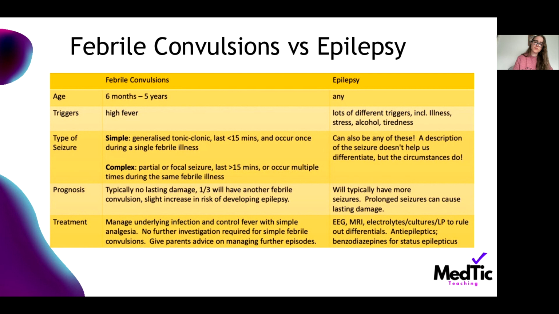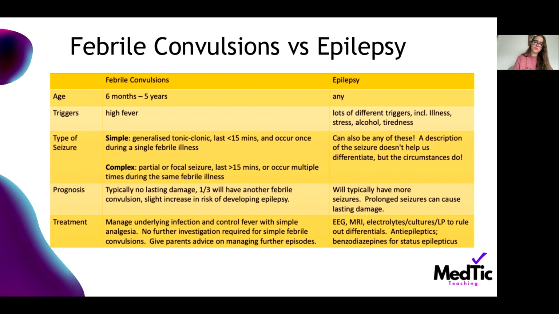And there are lots of different triggers: illness, stress, alcohol, tiredness, etc. So if we do think it's epilepsy, because they haven't got a fever or it's happened lots of times, we need to investigate with EEG, MRI, electrolytes, cultures, LP, thinking about our encephalitis and meningitis differentials, and then they may be started on anti-epileptics, or if they're in status epilepticus, benzodiazepines, just like for adults.